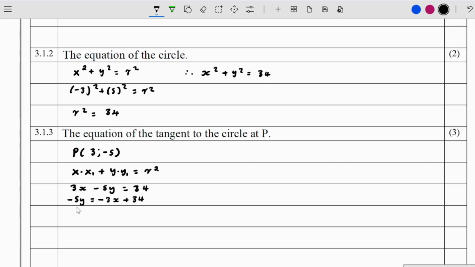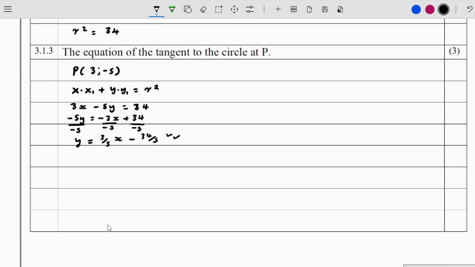And then you divide everything by -5, this part by -5, and also this part by -5. That means y will be equal to 3 divided by 5 x minus 34 divided by 5. So that will be the equation of a tangent to the circle.